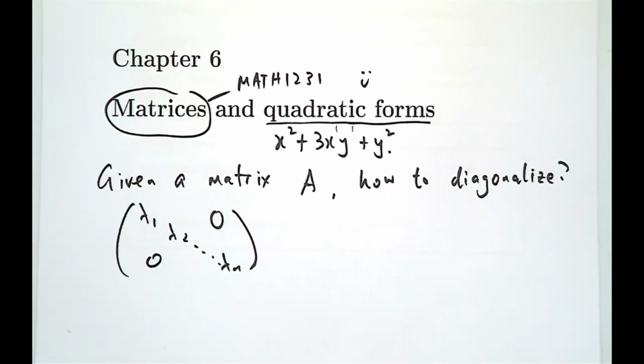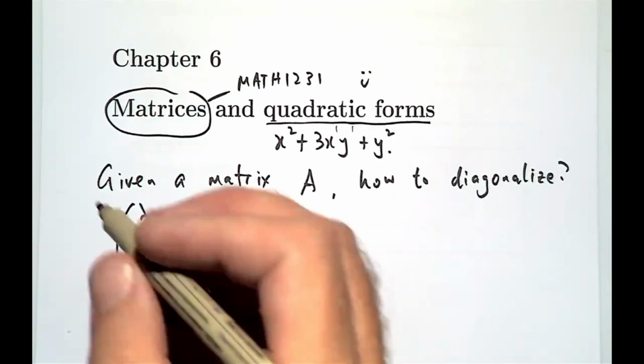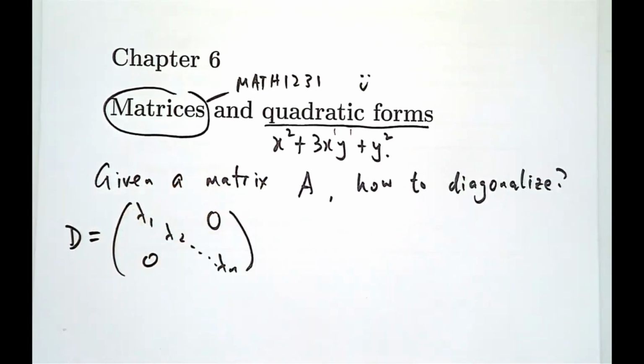It's symmetrical. Yeah, and it's pretty simple. It's only got entries down one diagonal and zeros everywhere else. Zeros are simple to deal with, and so are these diagonal matrices. So let's say this is my D for my diagonal matrix.